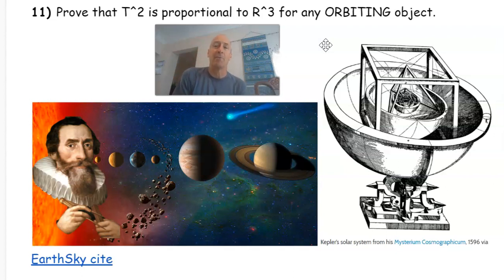The mathematics he ended up using was actually very clean and simple, and he showed that the period squared for a planet orbiting the sun will be directly proportional to the radius cubed. And he did that before Newton's laws of gravity. He did this using just the data and empirical evidence. So it's a pretty amazing, beautiful thing that he did.